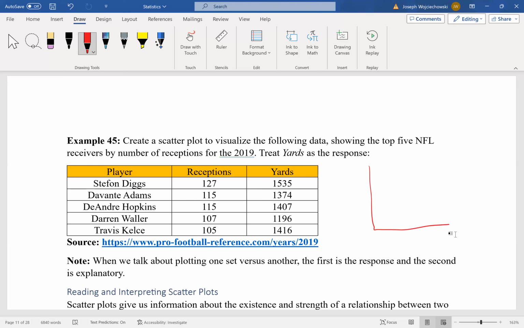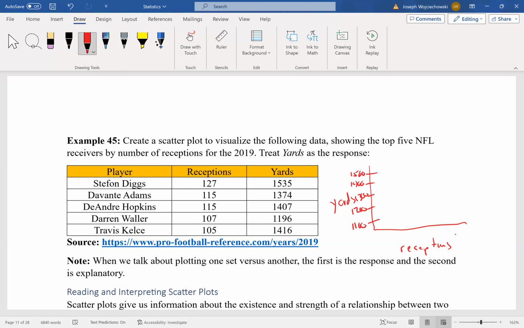So we're going to take our XY plane. We're going to have receptions down here and yards over here. And we're going to do one of them cardinal sins. I'm going to start at 1100 and go up by hundreds for spacing reasons: 1400, 1500.